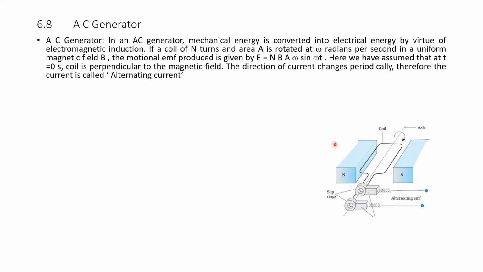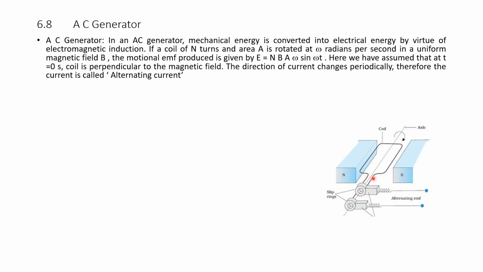In an AC generator, mechanical energy is converted into electrical energy by virtue of electromagnetic induction. Consider a coil of N turns. It has N turns, but in the figure only one turn is shown.